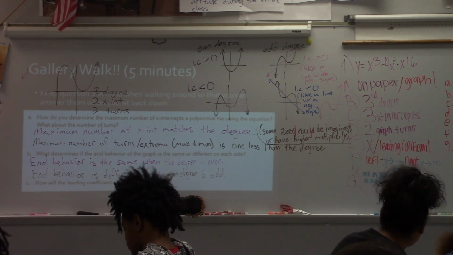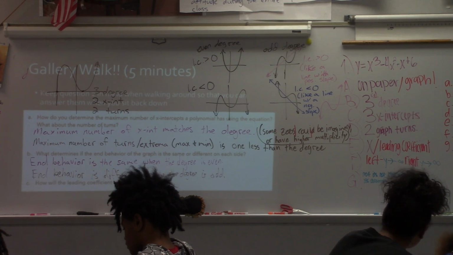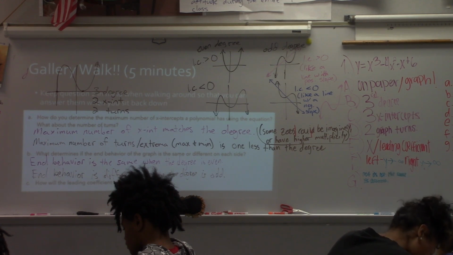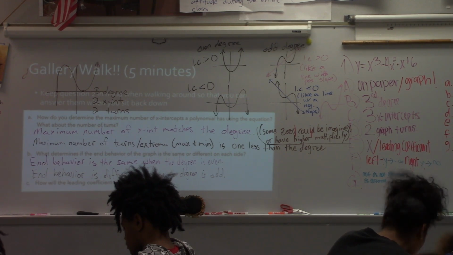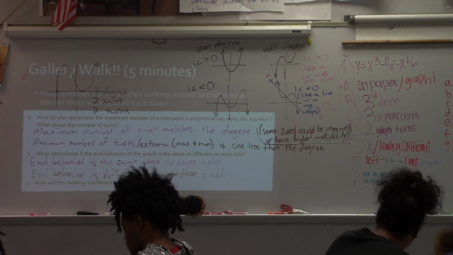It would be something wild like this. But what I did to figure out the end behavior is I drew in my mind a positive sloped line. That's how I knew on the left-hand side the y was going down to negative infinity. That's how on the right-hand side I knew the y was going up to positive infinity. I just pictured a line to figure out that end behavior.